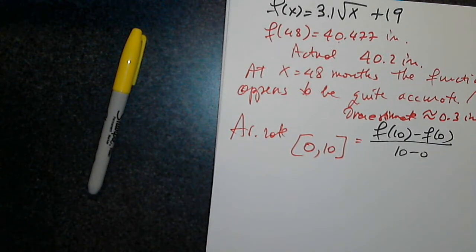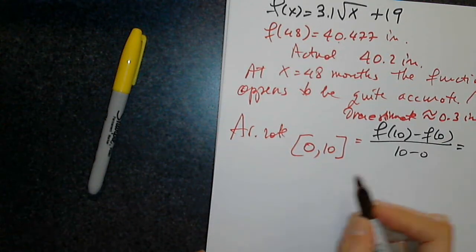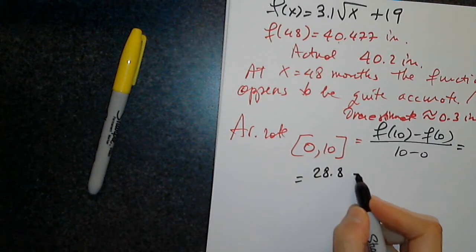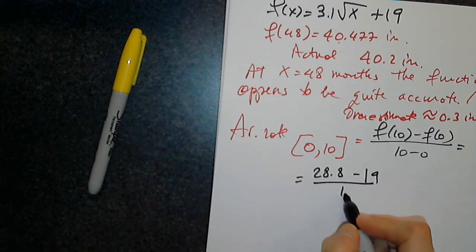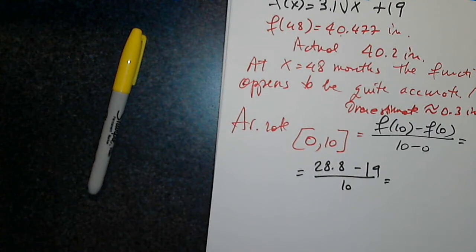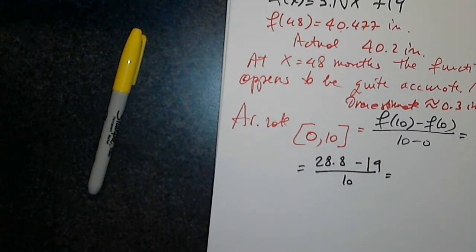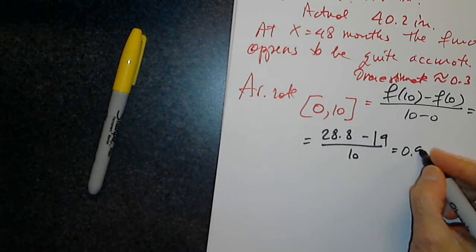I go back to my calculator and I plug in 0, which I know the answer. I plug in 10. So I copy now, and I have 28.8 minus 19 divided by 10. 0.98.